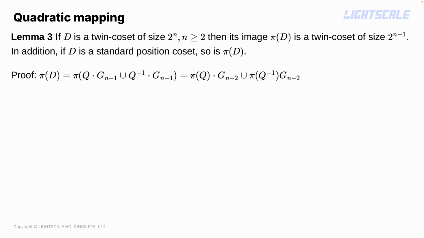And then the PQ and PQ inverse. And this is also a twin coset, right? And in the standard position coset, it's also going to be the same because, what is it?